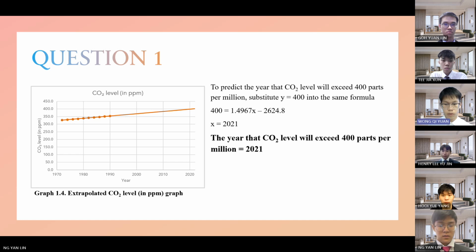By looking at the extrapolated graph, we can find a precise point that exceeds 400 parts per million of carbon dioxide levels. On the other hand, we can also use the substitution method. Instead of substituting x, we are going to substitute y, which represents the carbon dioxide level. By substituting y as 400, we can get the year that exceeds 400 parts per million of carbon dioxide levels, which is 2021.